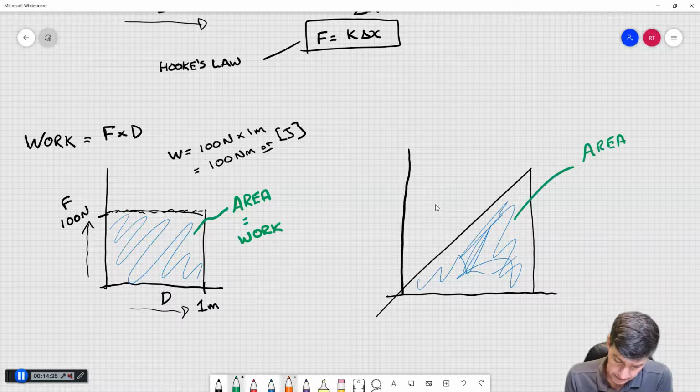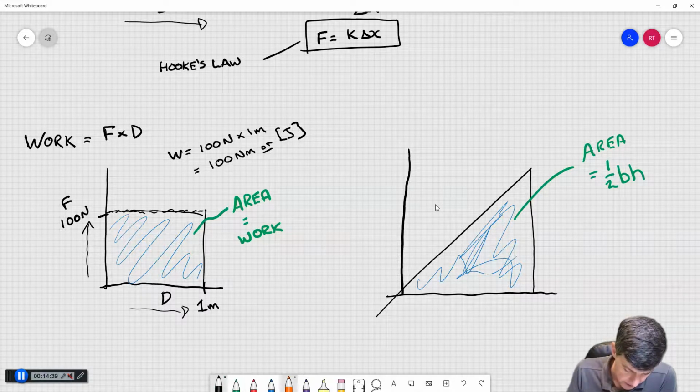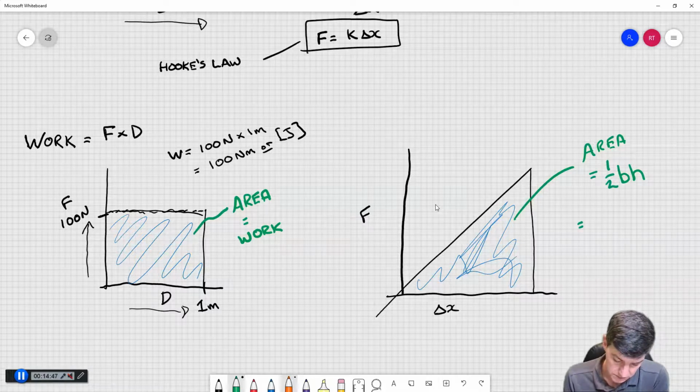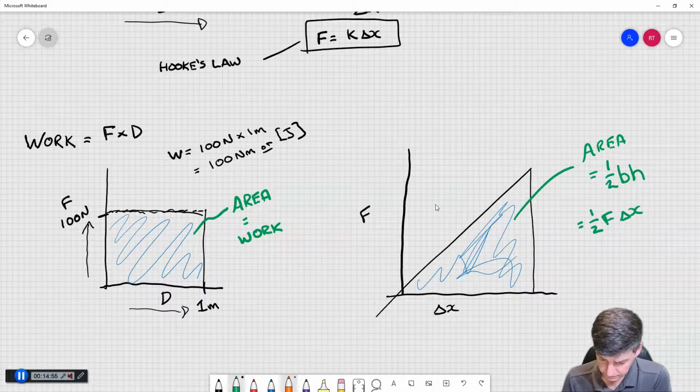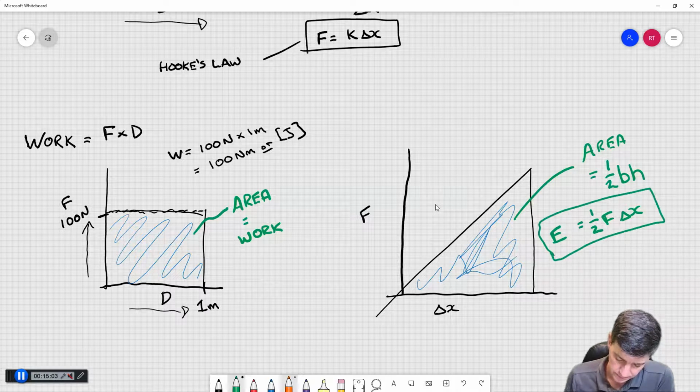And the area, in this case, is no longer a rectangle, but is a triangle. And it's going to be 1/2 base times the height for a triangle. Well, in my spring, I had force and I had change in x. So my area is going to be equal to 1/2 times the force times the change in length. And this would be a measure of the energy inside of a spring.